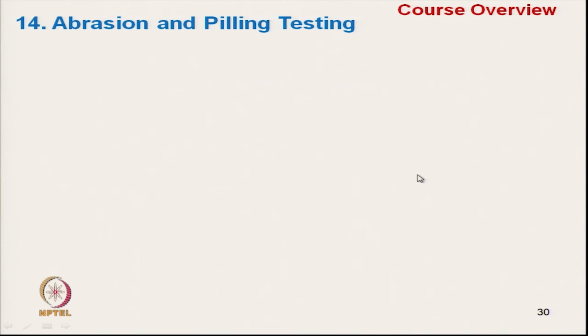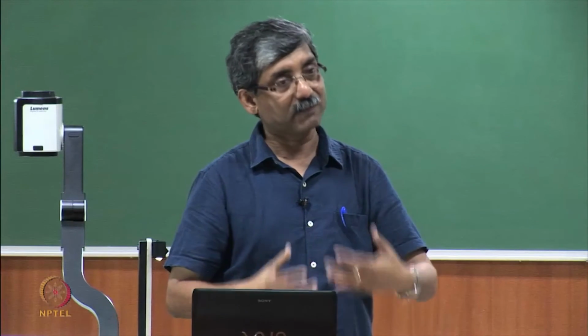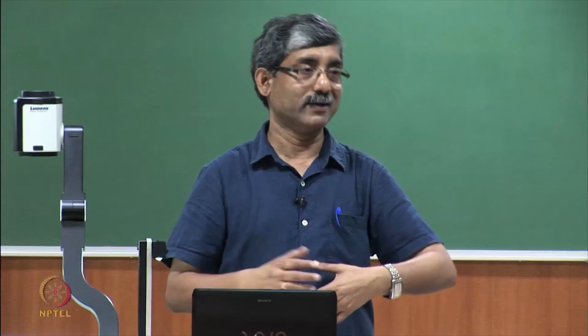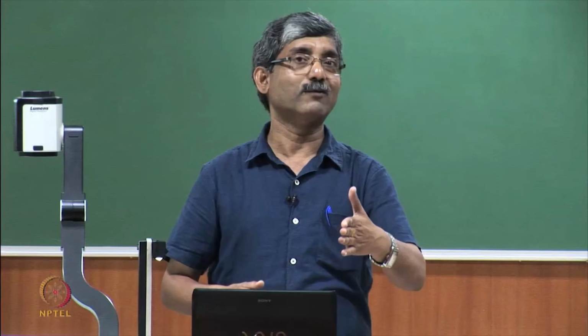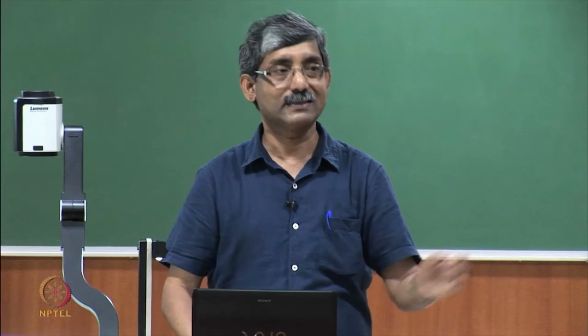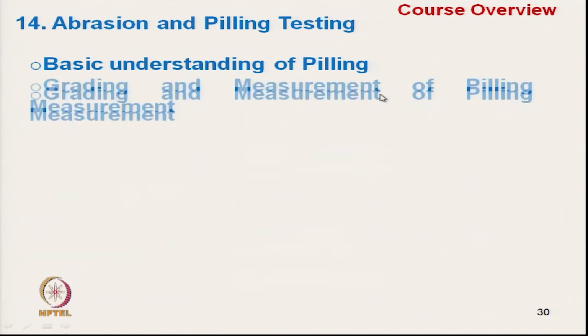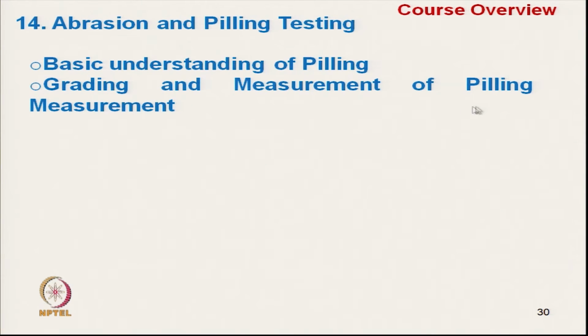Okay. Then abrasion and pilling. So, during application, during service, the fabric gets abraded. It is not required during production, but during application it gets abraded. So, abrasion testing is required. So, a basic understanding of pilling, what is pilling, how pilling forms, this we will discuss here, and grading and measurement of pilling.